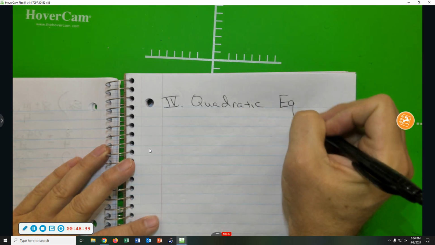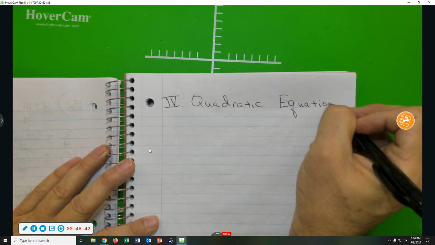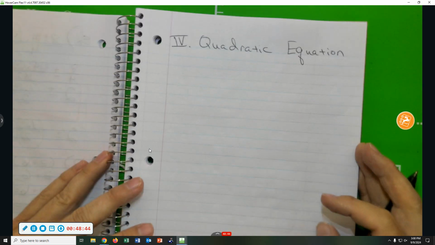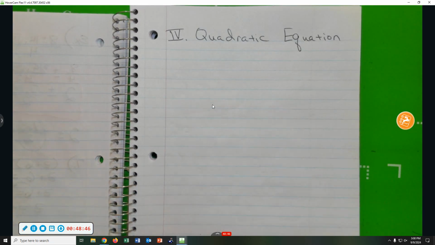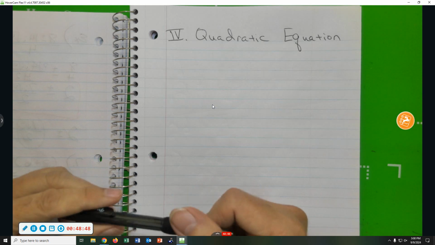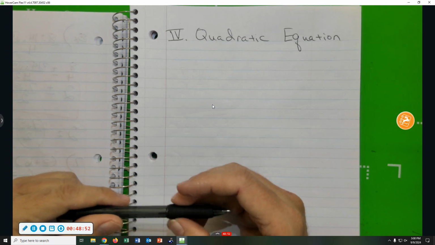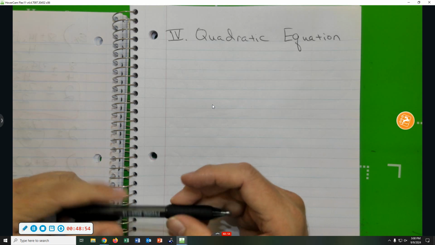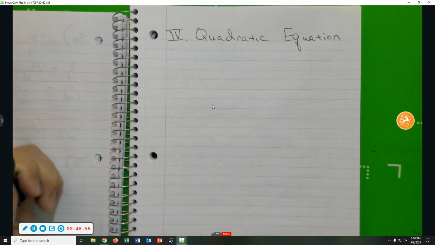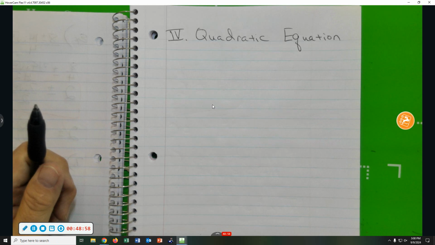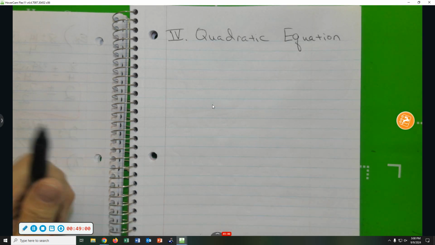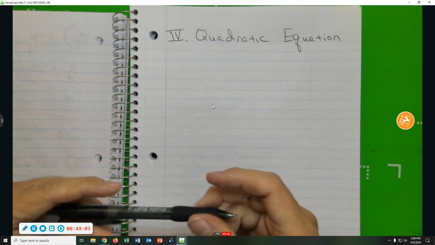Like factoring, it isn't always good because sometimes stuff can't factor. Also, that square root method only solves things that you can write as x squared equals a number, or quantity squared equals a number. Okay, so the first 2 methods we saw don't always work.